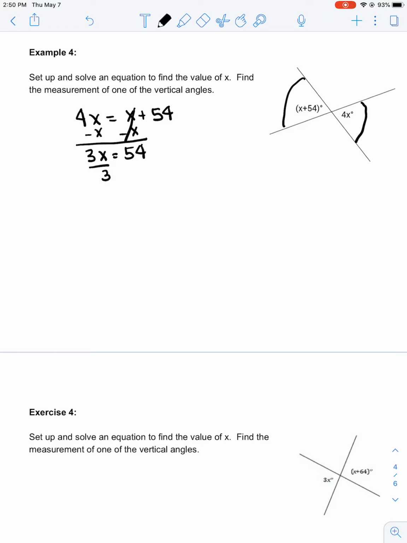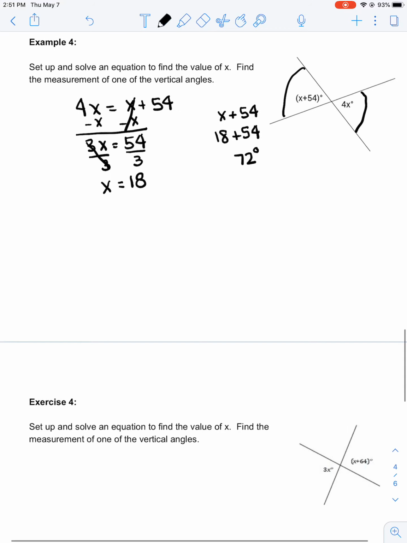So if I divide both sides by 3, I get x equals 18. So again, I'm going to add because it's easier for me to add than it is for most of you to multiply. Let me put x plus 54 up here first. Then if I add these together, I get that my angle is 72 degrees.